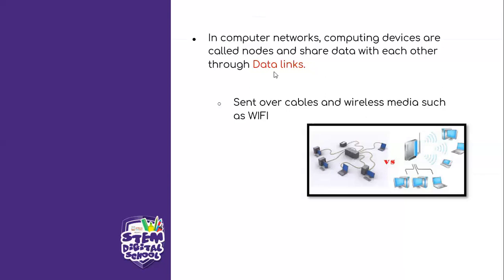Okay, I think we should move right along. So data links, we said when devices share data with each other, we say they share data through the data links. So data links are a telecommunication link over which data is transmitted.